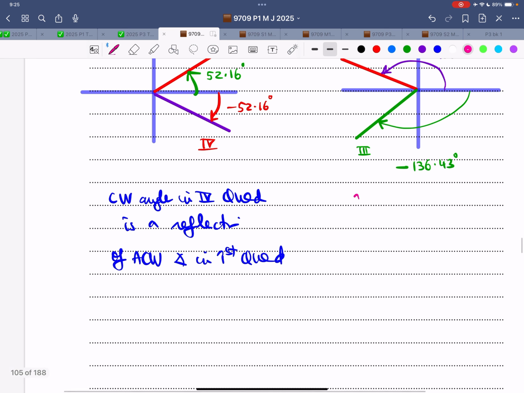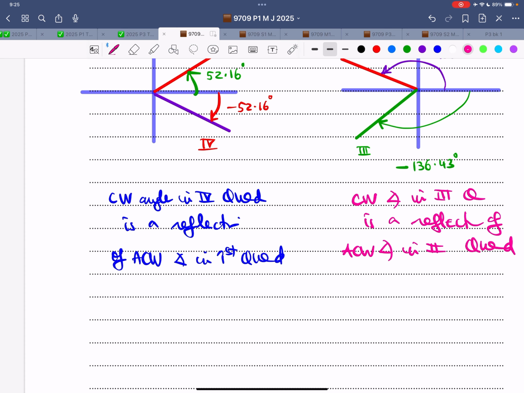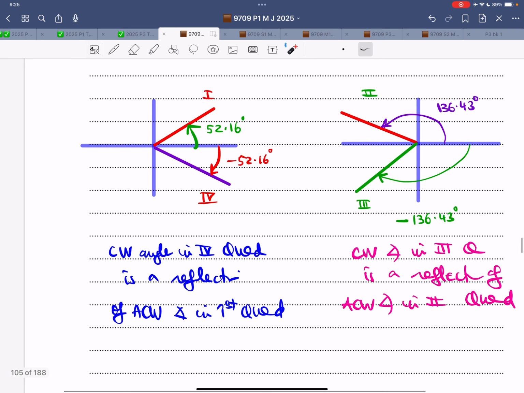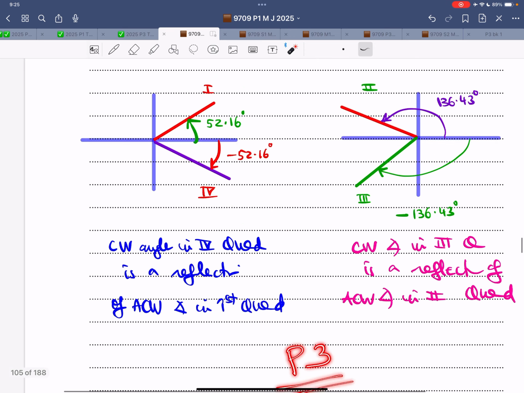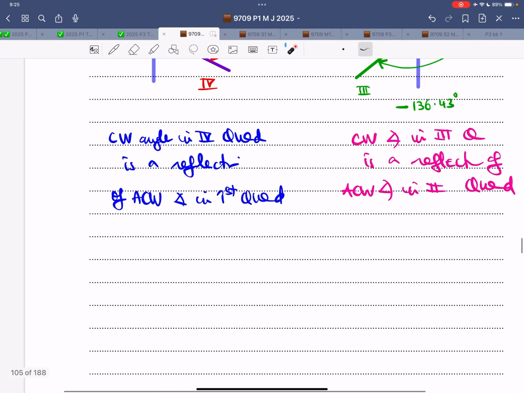Similarly, the clockwise angle in third quadrant is a reflection of what? It's a reflection of the anti-clockwise angle in second quadrant. Keep that in mind. So now this one gets reflected over here, this one gets reflected over here, and we will use this knowledge in P3 also. So now question number 5 is all done.